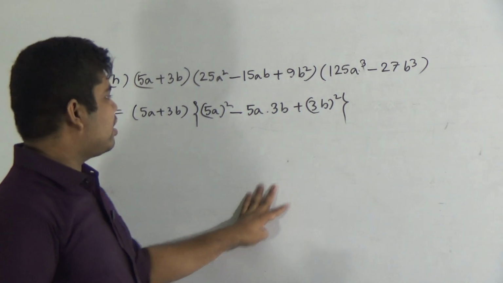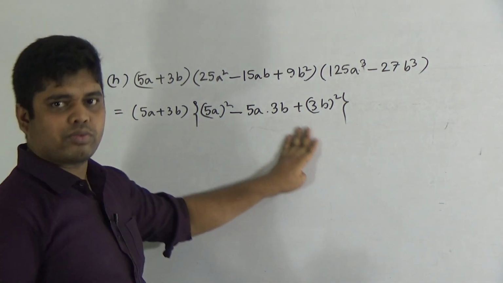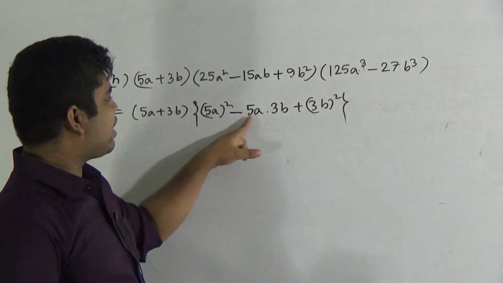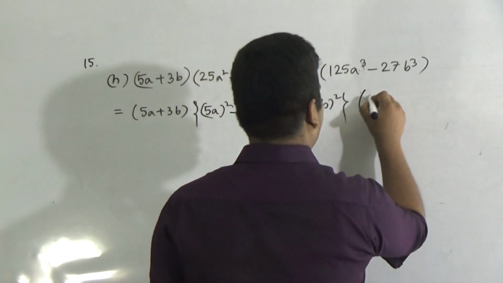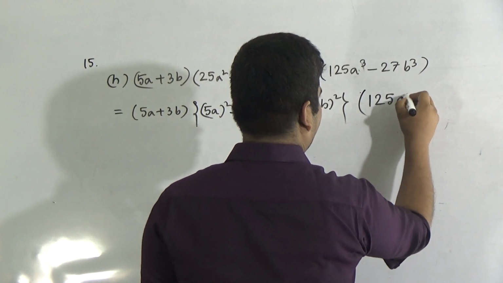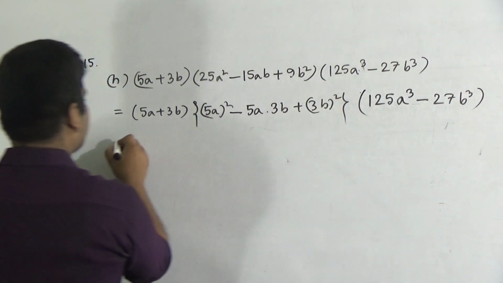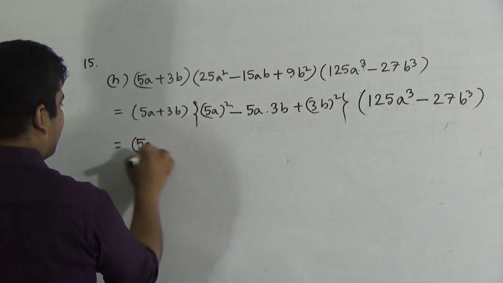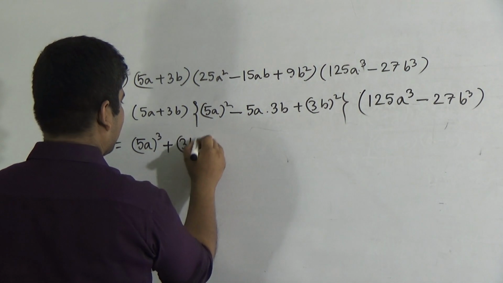So nothing new, we just modify this. Okay, we want to make formula. For these reasons we break this one. Okay, so a plus b into a square minus ab plus b square. Okay, this one remains unchanged. 125 a cube minus 27 b cube. Okay, so now notice 5a whole cube plus 3b whole cube.